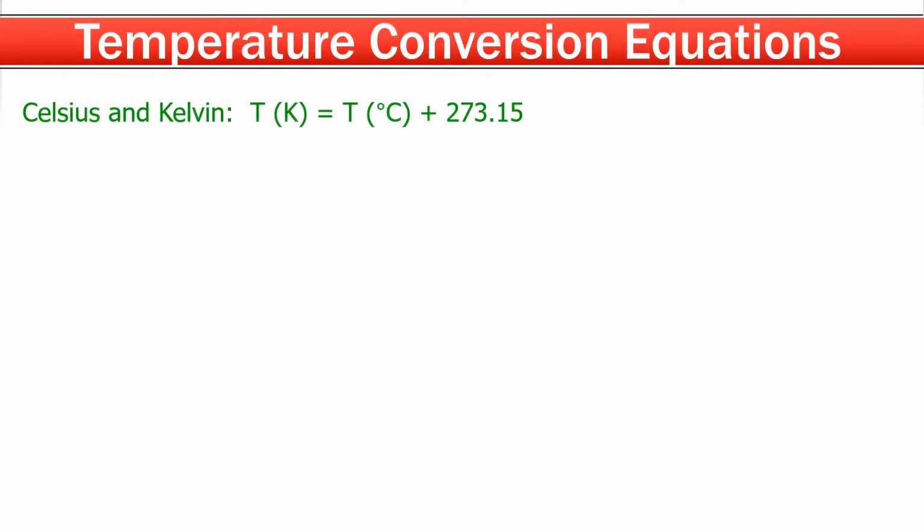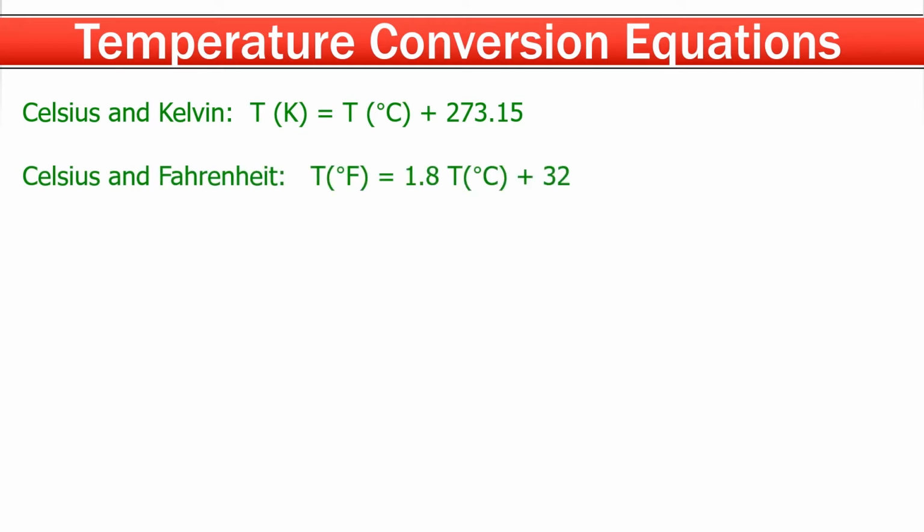We already know the linear relationship between Celsius and Kelvin: temperature in Kelvin equals temperature in degrees Celsius plus 273.15. The linear relationship between the Celsius and Fahrenheit scales turns out to be the temperature in degrees Fahrenheit equals 1.8 times the temperature in degrees Celsius plus 32.